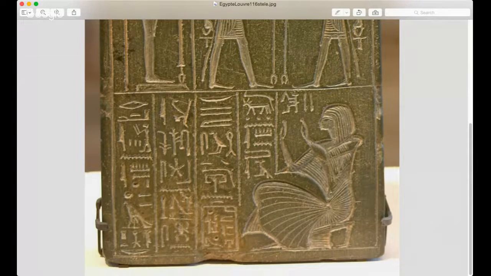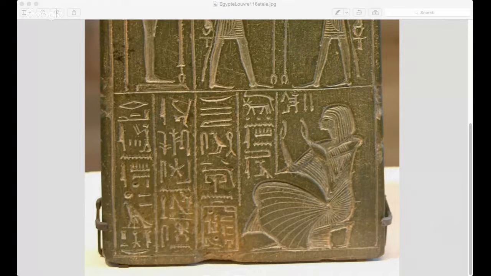So, for example, if you're going to do work on stelae, then do several back to back, different stelae, because on stelae you'll have pretty much the same kind of patterns, although the words may be different, because obviously each stela will be for a different person. Like this is to this person, Chia.